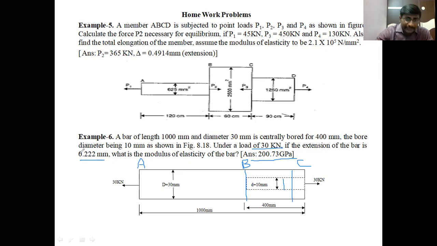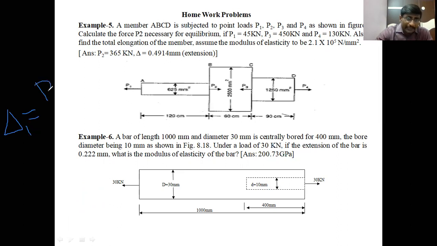The total elongation is given in the problem. So the total elongation delta is equal to delta 1, the first part, plus delta 2, the elongation of the second part, BC. The first part is AB. The elongation of the first part, delta 1, is equal to PL by A, the basic formula.